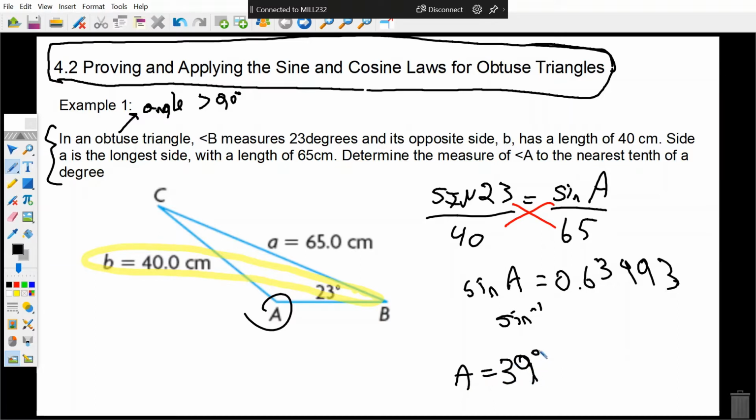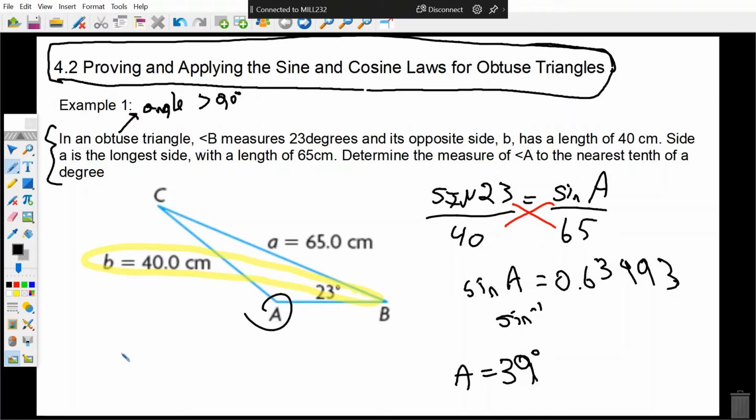Now, we can tell, looking at our diagram, that angle A is markedly bigger than 39 degrees. It's an obtuse triangle with an obtuse angle, so now we have to rely on the ratios we learned in 4.1.